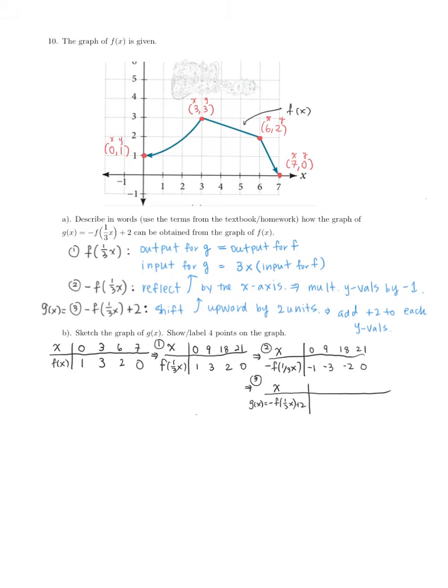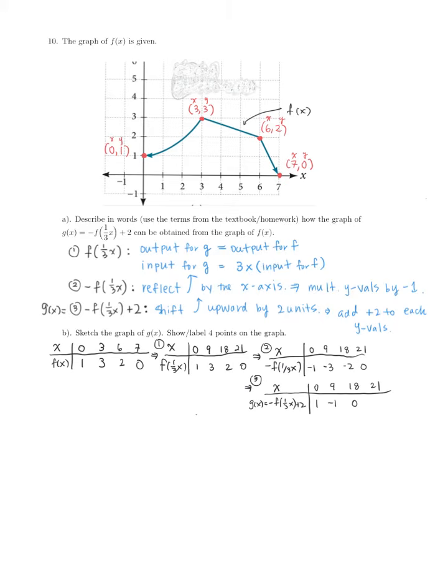So that means that the x values are not going to change, but you need to add 2 to each of the y values. So the x values are still going to be 0, 9, 18, and 21. All right, now let's add 2 to each y coordinate. So -1 plus 2 is 1. -3 plus 2 is what? -1. -2 plus 2 is 0.